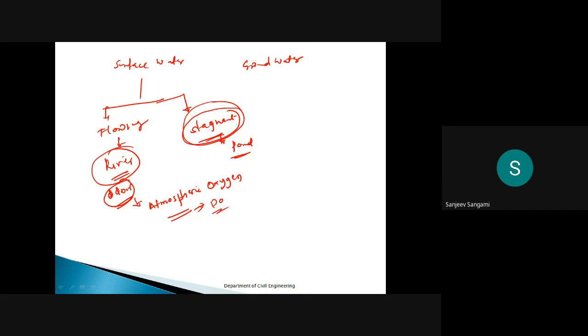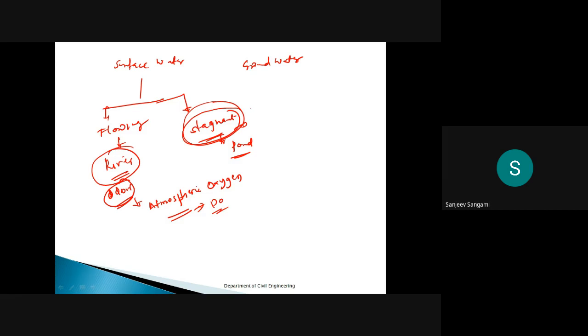So definitely the stagnant water will give a lot of smell. In any area or city, if stagnant water is there, you can find a lot of smell. If a river is flowing through an area, the smell will not be there because it is replaced by atmospheric oxygen.